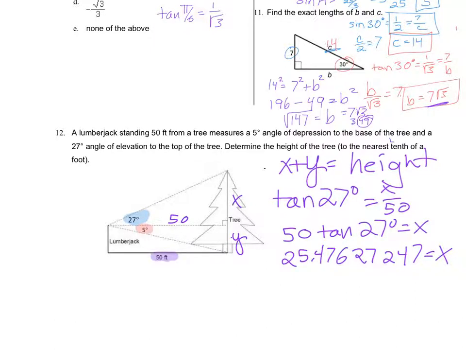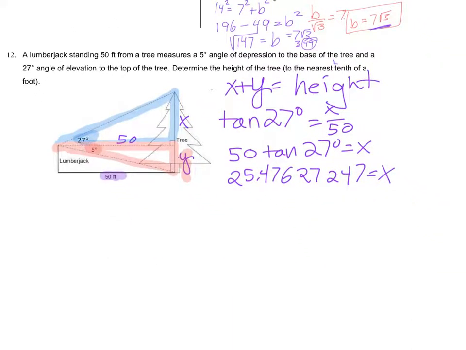All right, now I'm going to do the same thing with our lower triangle, right? So what we just did was this triangle, and we found x. Now we're going to do this triangle and find y. All right, so we have 50. It's the same exact situation.